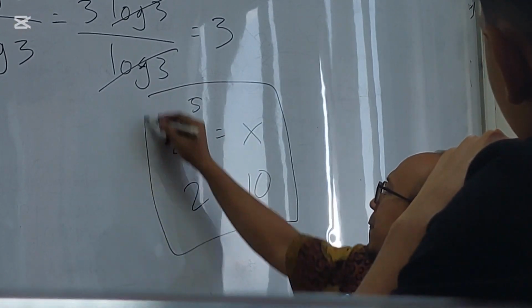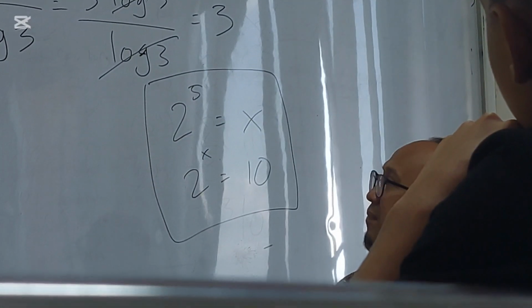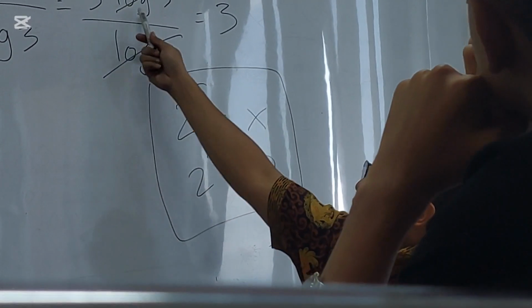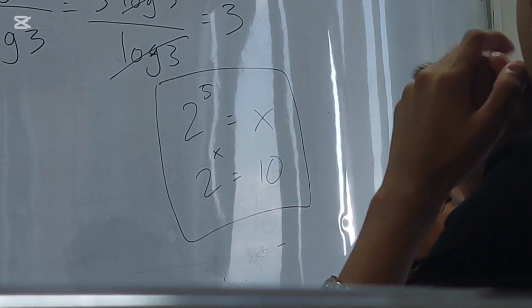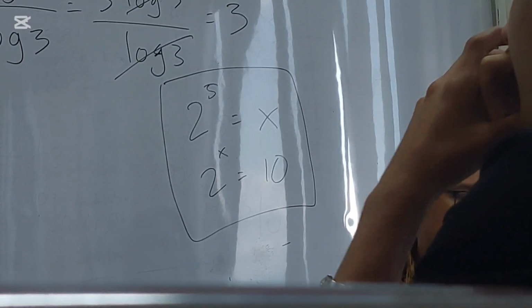So this is the exponential shape. If there is a log, then it is a logarithmic function.